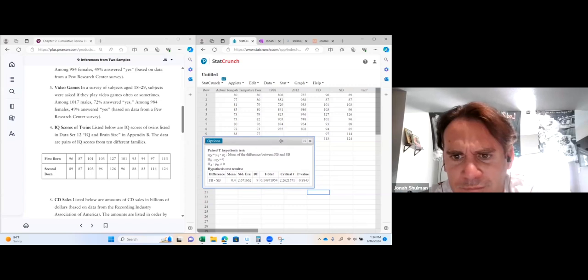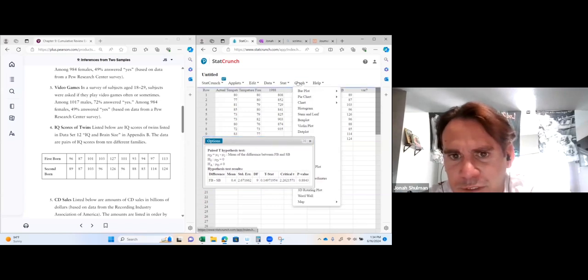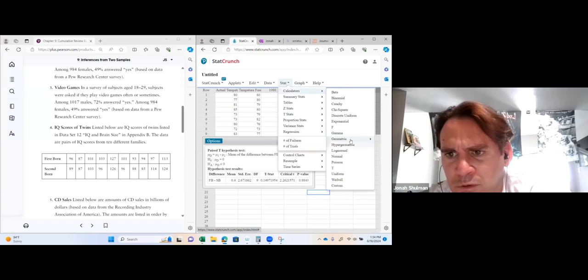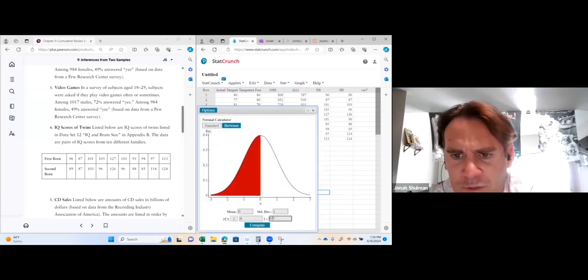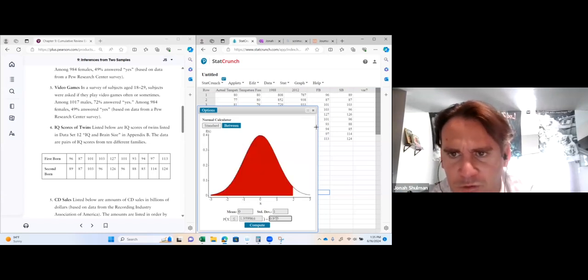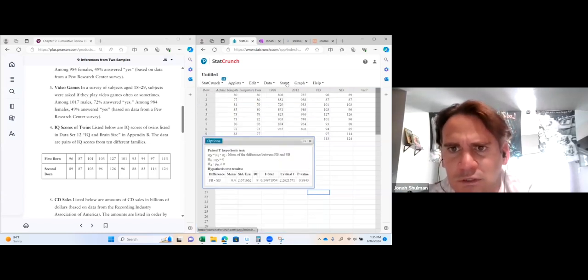Well, to get the critical value, it's two-tailed, so it's basically we can go to stat, calculator, normal. And so we know it's going to be 0.975. Oh, sorry, it's not normal, it's a t-test.